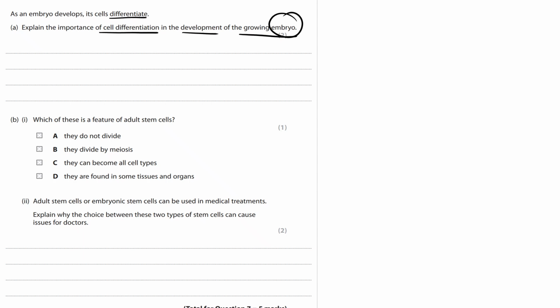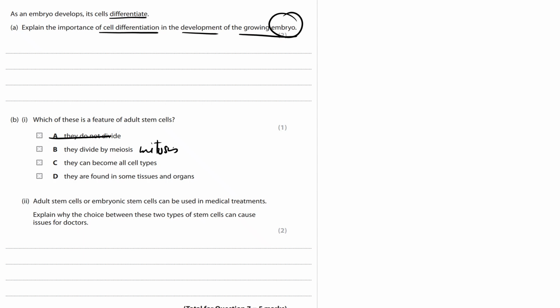So let's check the answer for that in a moment, but for part B, it's definitely not A, because I told you before it does divide, so we're ruling out A. For B, bit of a red herring, isn't it? They divide by mitosis. So if they tweak this, that would have been the right answer. They can become all cell types, and here's another red herring.